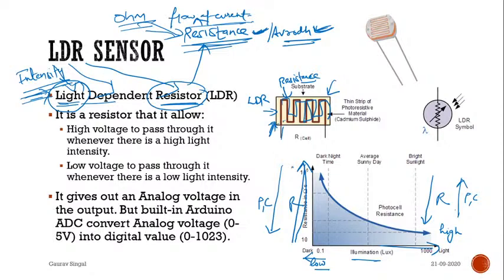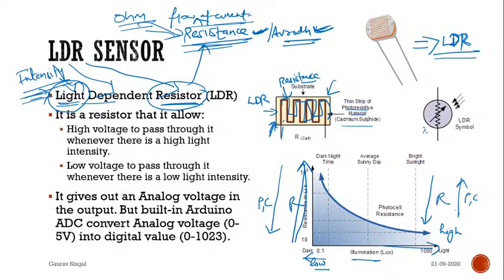So this is the basic concept of how it works. A thin strip of photoresistive material is used in this LDR sensor. This is the actual picture of the LDR sensor, and this is the LDR symbol, how we show it.